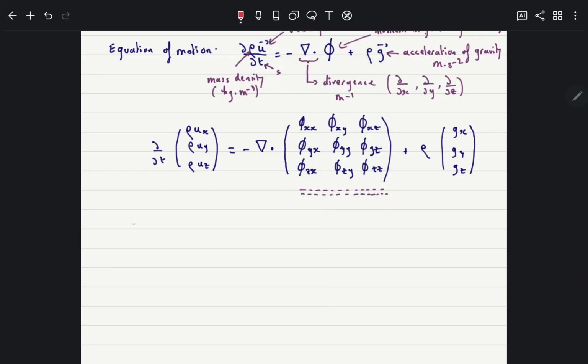All right, so first step, use the expression of the combined momentum flux tensor.